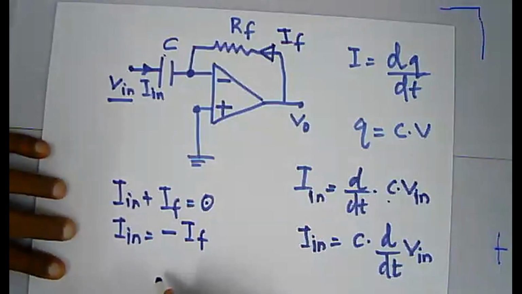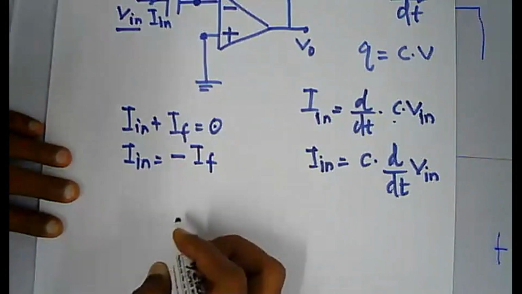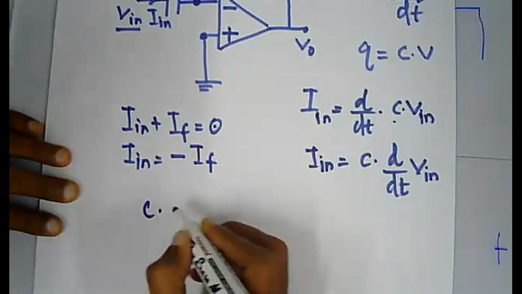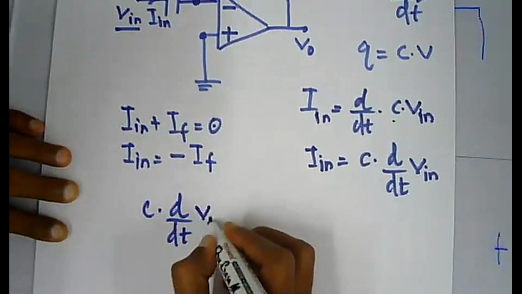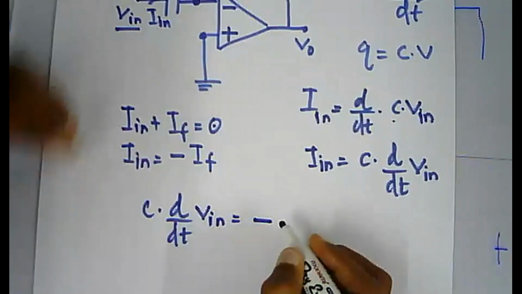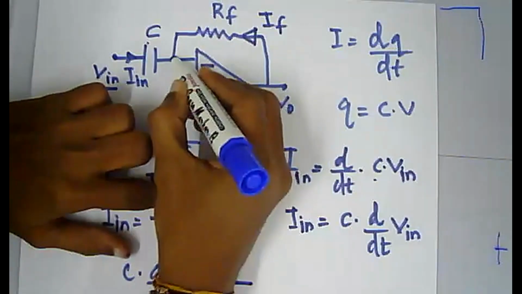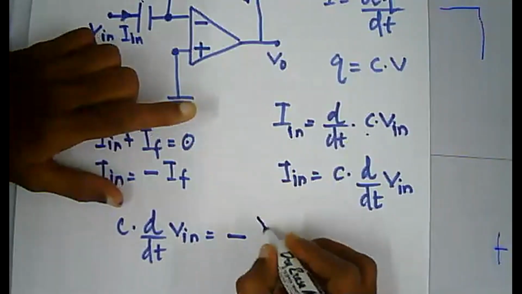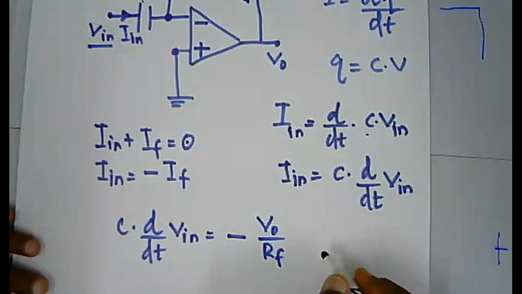So now substitute all the values there. Your I in will be C into d/dt of V in equals minus IF equals V out minus 0 over RF, which is V out over RF.